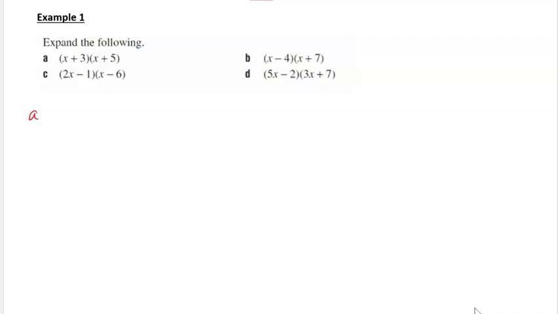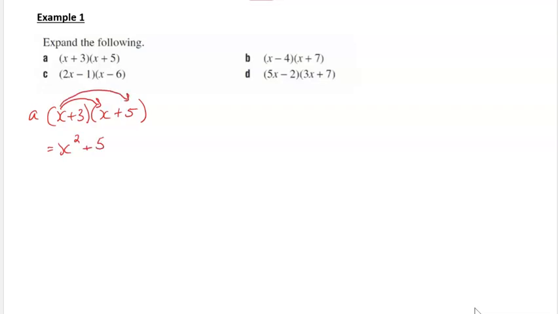So for A, we're going to have the first binomial x plus 3 times, because it's next to it, x plus 5. So let's do it in order. First is the FOIL. That gives us x to the power of 2, x squared, and then the outers.